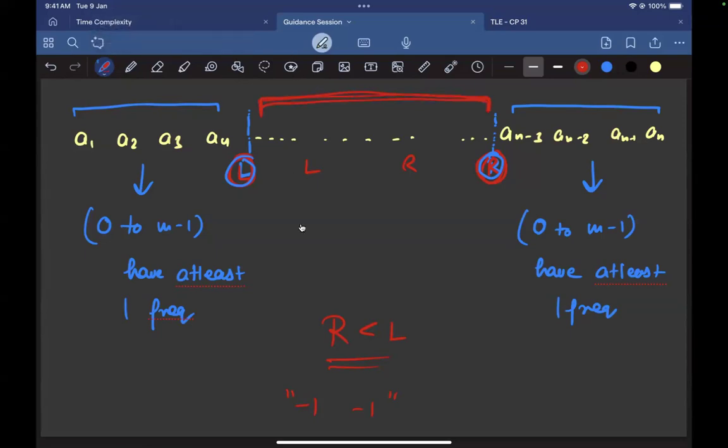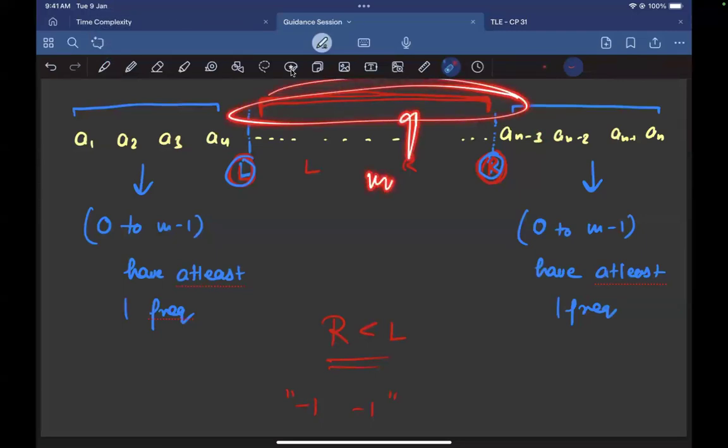We want to explore other cases where L and R come even closer. Right now they are at the perfect optimum position from where they are starting. L is this starting location; I cannot take anything before this. I cannot take R after this. So this segment is actually the largest middle segment I can create.